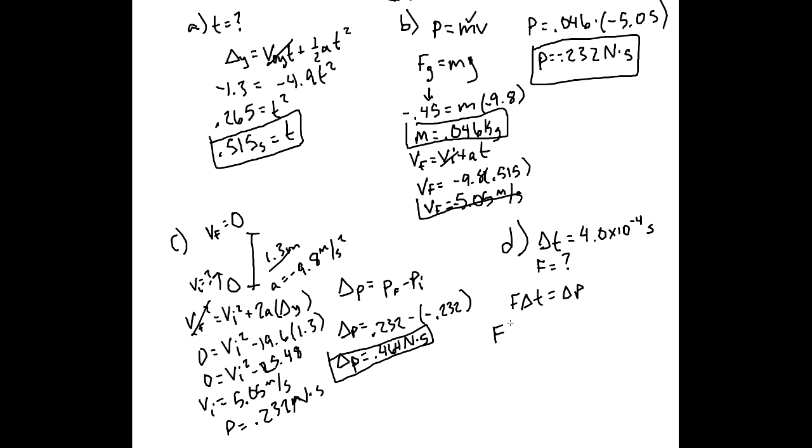And I know my time is 4.0 times 10 to the minus 4th. So if I go 0.464 divided by 4 times 10 to the minus 4th, I get a big old force. I get a force of 1,160 newtons. So that is your worksheet in a nutshell, and that is some very excellent practice on momentum and impulse.